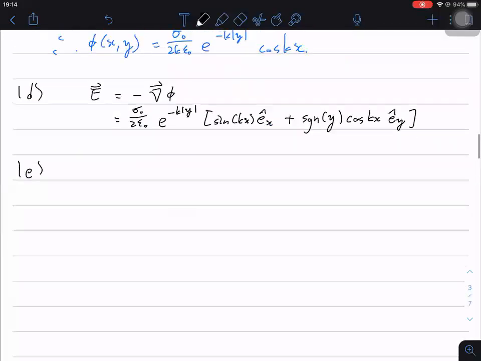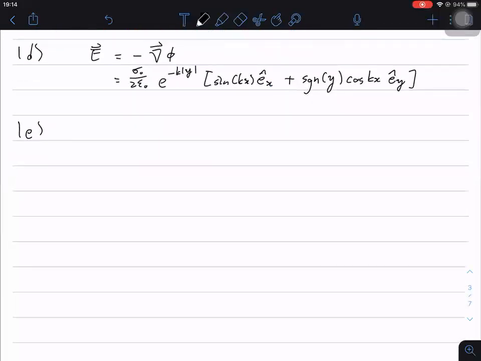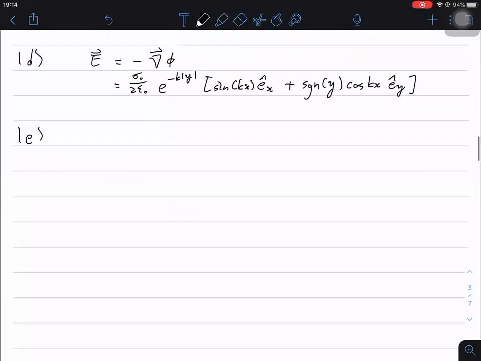Okay, so next question, 1E. Now instead of a plane of static surface charge, we have a plane of steady surface current K, which is equal to z hat K naught cosine kx. You are asked to find the vector potential for this configuration.